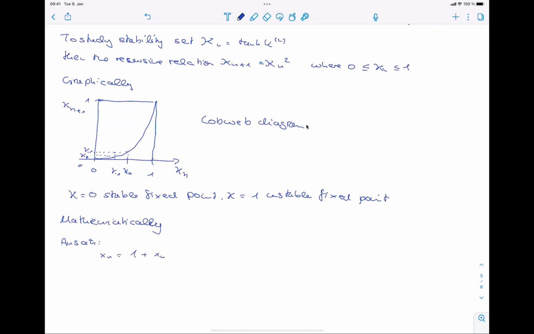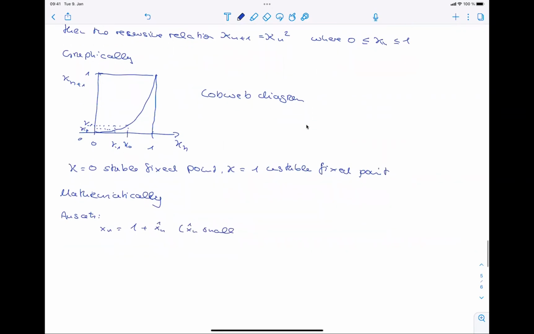1 plus xn hat, a small deviation, and then you start iterating and solving for xn plus 1, which is 1 plus, oh, sorry, 1 minus. I don't want to go above 1.